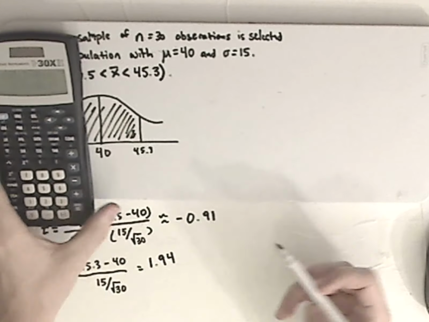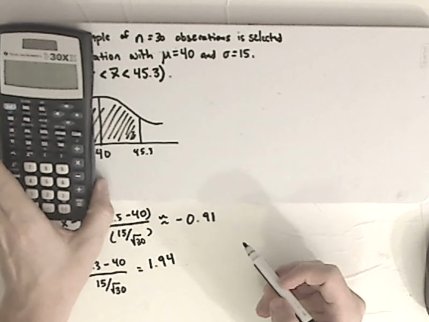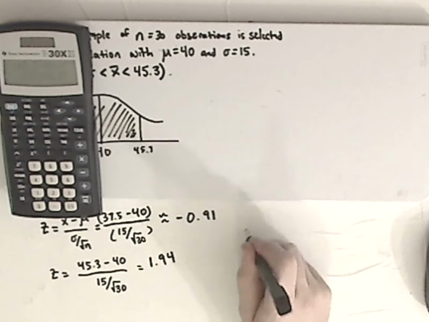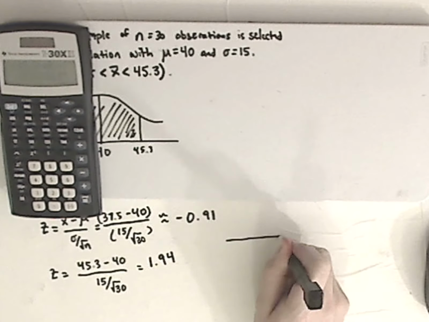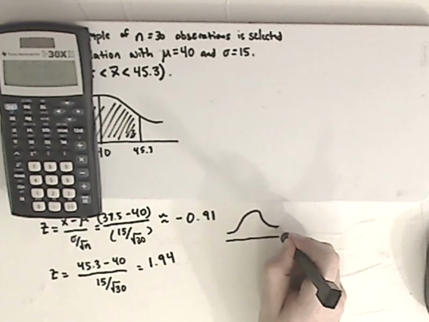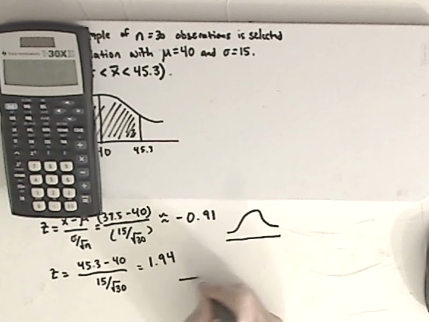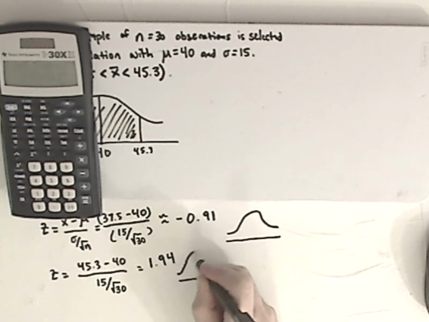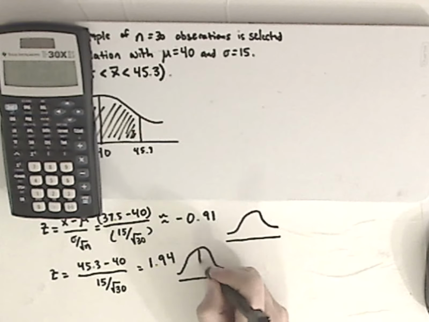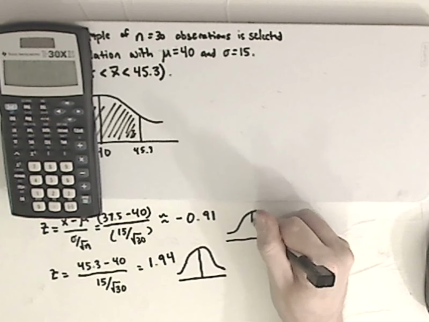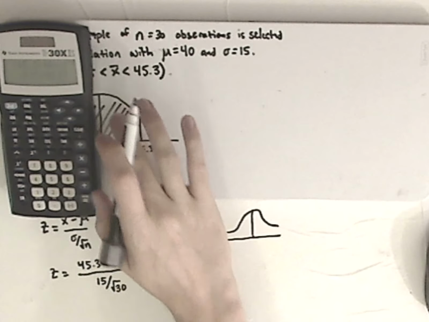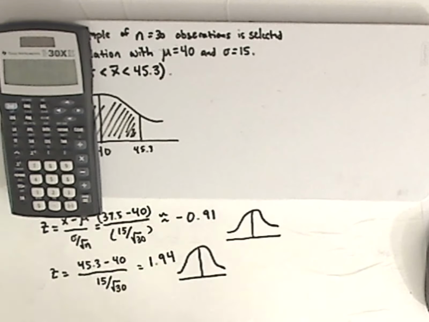Something that I like to do, whenever I do my z-scores or look it up in the table, is draw a little picture that tells me what area I actually found. Using those pictures, I can combine them to get this area or probability.